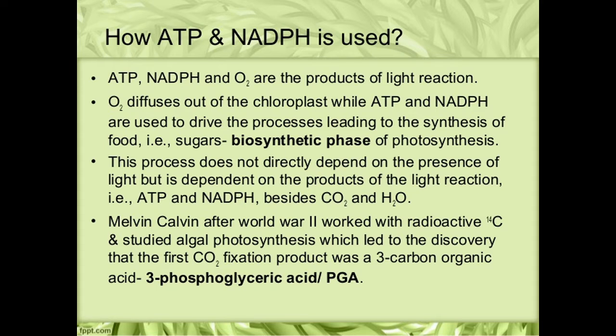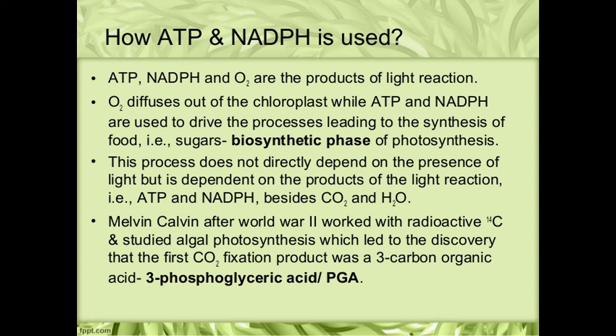These techniques were used by Calvin, Benson, and Bassham and associates to separate, isolate, and identify the organic compounds formed during carbon dioxide fixation. And they used Chlorella and Scenedesmus as experimental material.